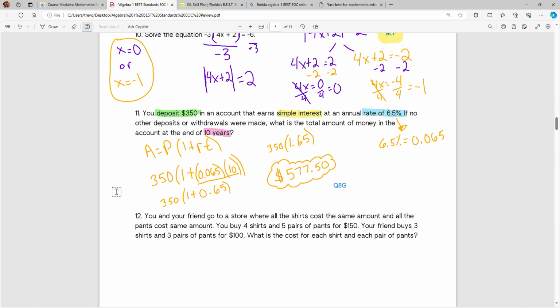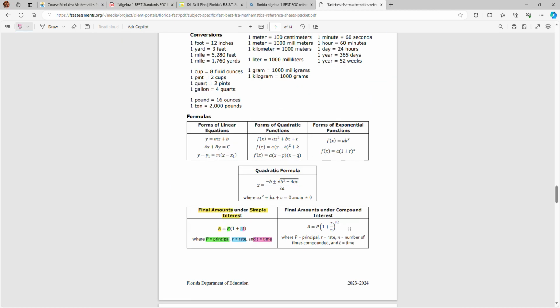So if you haven't done that yet, this is some practice that looks very similar to this, where you're working with simple interest. And make sure that you know where to find that formula on your reference sheets. And when you see those keywords, simple interest, you know to look at your reference sheet. Or if you see compound interest, you know to look right next to that on the reference sheet.